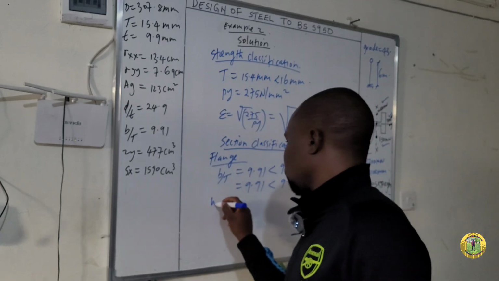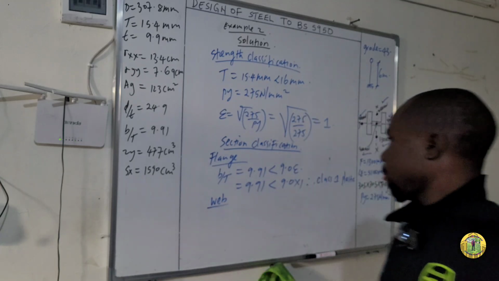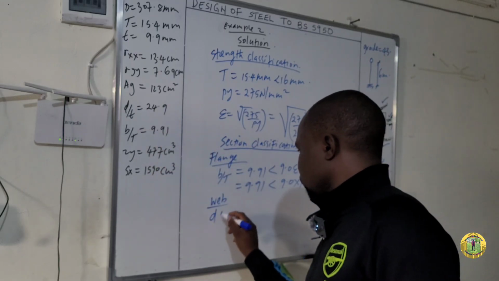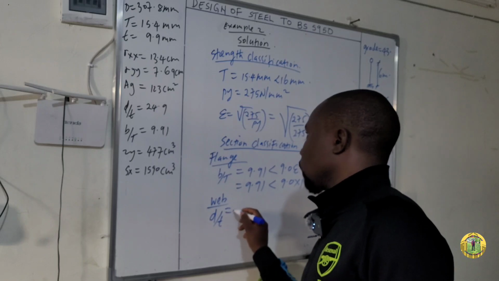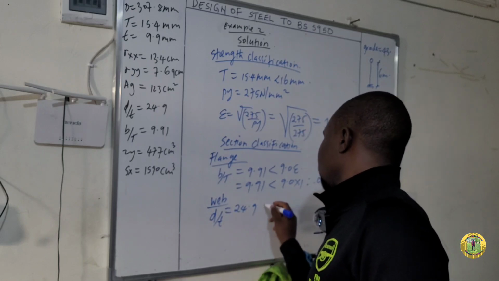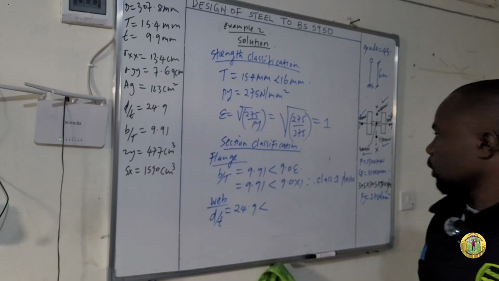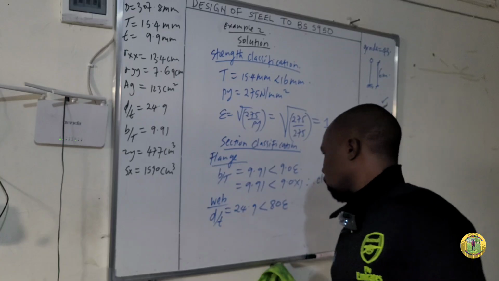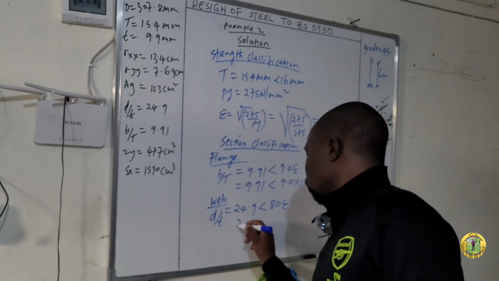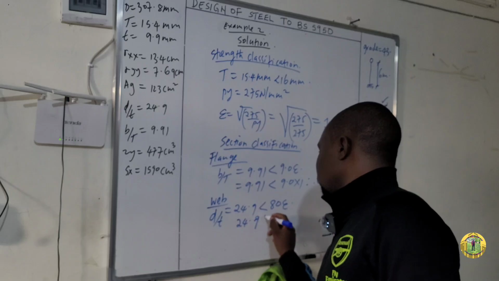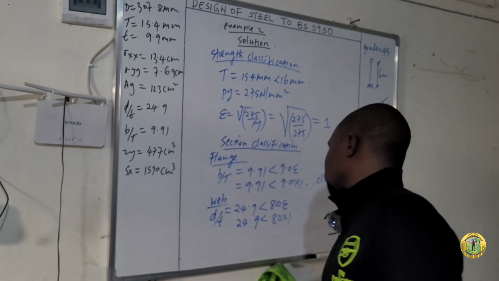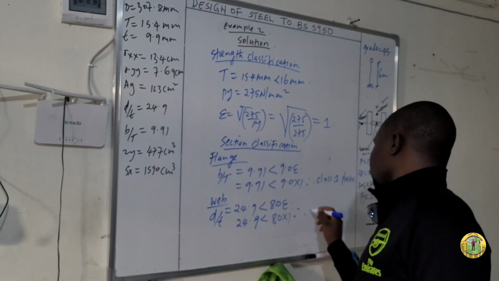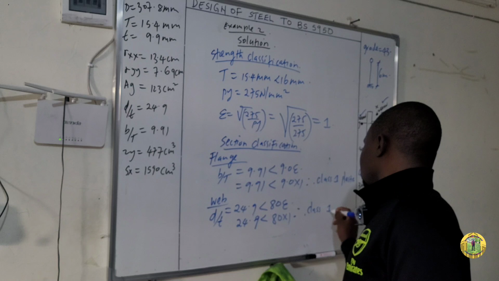We proceed to the web. For the web, we use the ratio small d over t, which is equal to 24.9. From the table, it is clear that it is less than 80 epsilon. So it is true, 24.9 is less than 80 times 1, because the value of epsilon is 1. Therefore, the web is class 1 plastic.